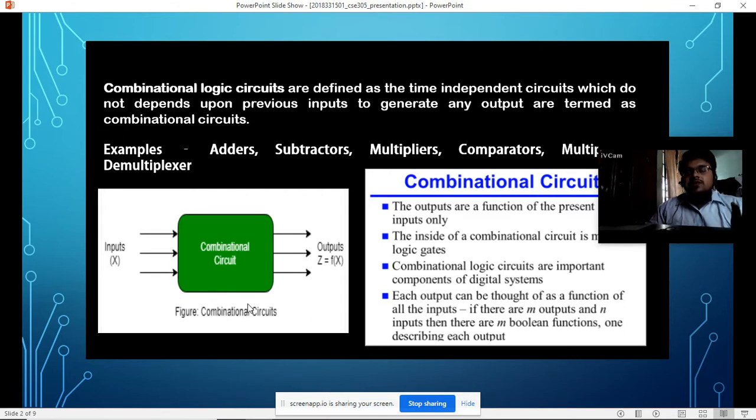It doesn't depend on the memory and there is no need to store the previous value inside the memory, as we know that in the sequential logic circuit we store the previous input value inside the main memory.